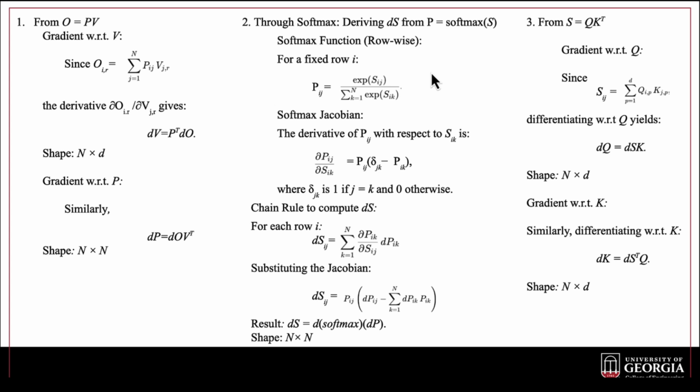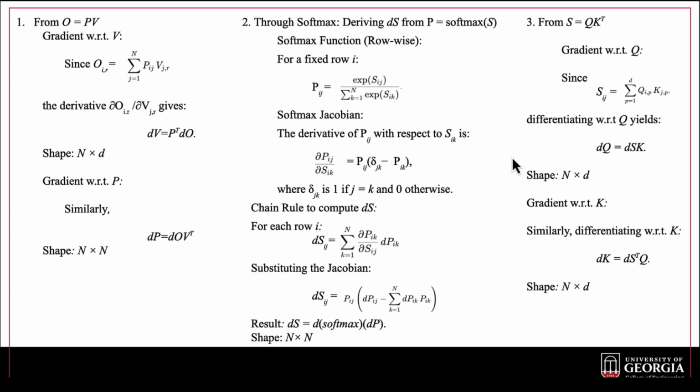Specifically, each element Pij in row i of P is calculated by exponentiating Sij and dividing by the sum of all exponentiated values in that row. This ensures all outputs Pij represent probabilities between 0 and 1. Then the Jacobian matrix captures how each probability Pij changes with respect to every score Sik in the same row.